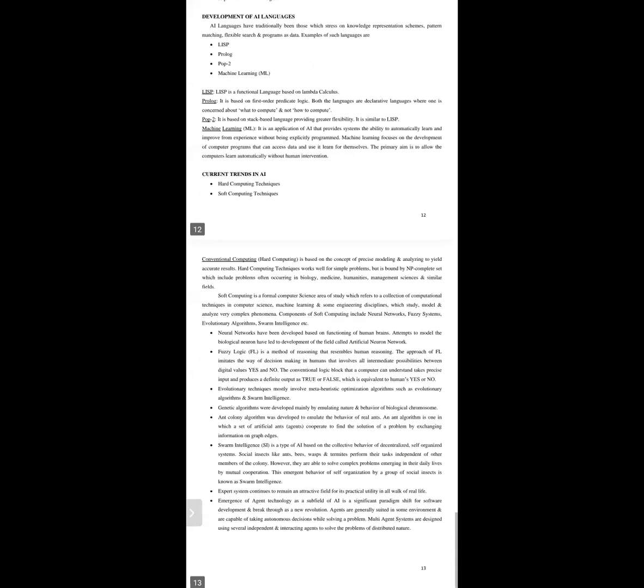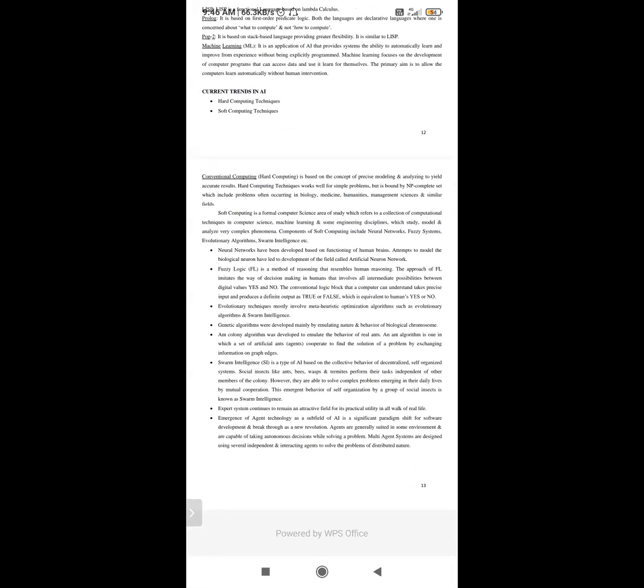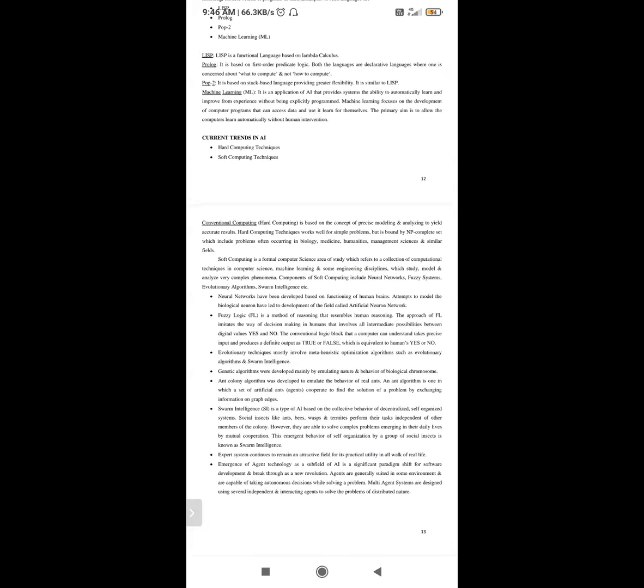Coming to the current trends in AI, there are two types: hard computing techniques and soft computing techniques.